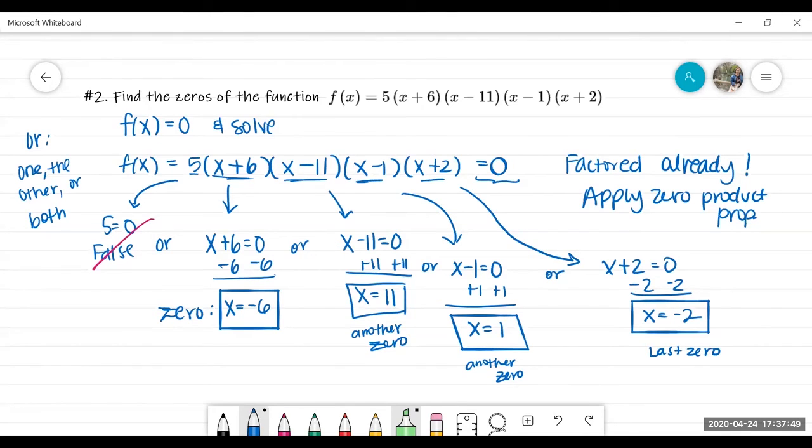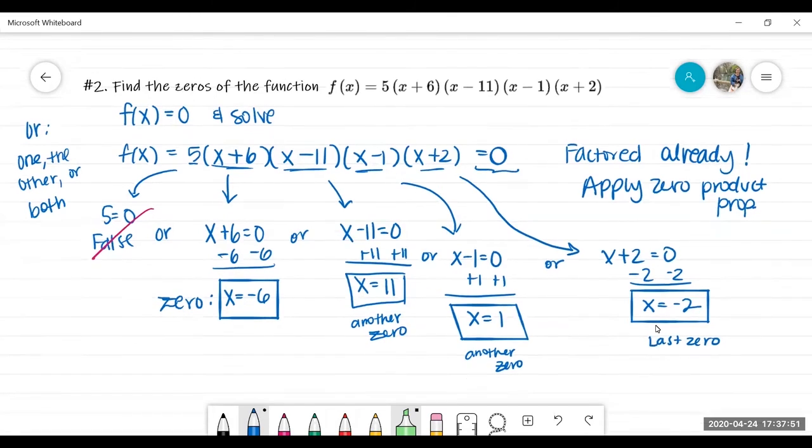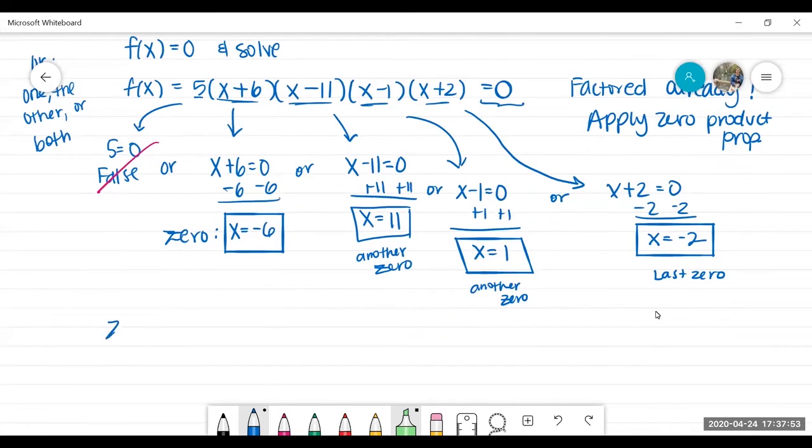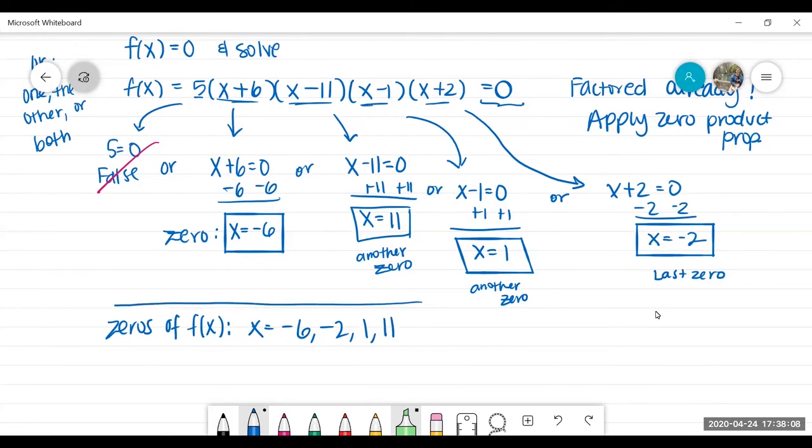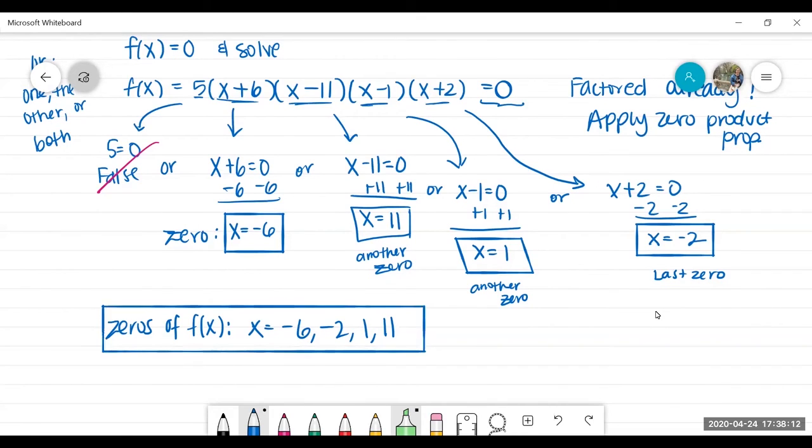So if you were to find the zeros and put them all together, zeros of f of x, just putting them in numerical order, you would end up with x is negative 6, negative 2, 1, and 11. And what that means is if we were to make this like we did question 1, if you were to plug any of these 4 numbers into this original function, you would get 0.